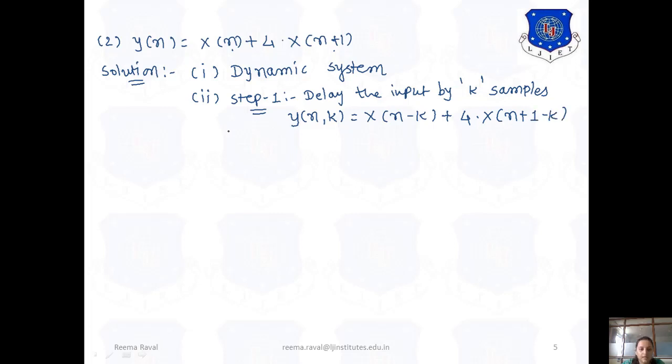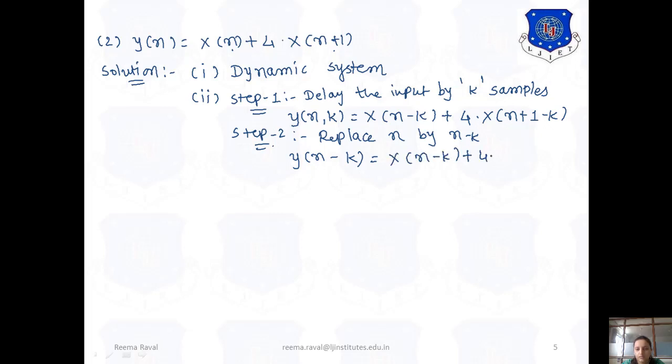Okay. Step 2, replace n by n minus k, so that will give you y of n minus k, that is equals to x of n minus k plus 4 into x of n minus k plus 1, right?